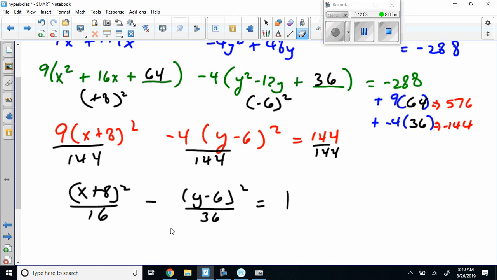All right, we're good? Any questions on this? Everybody seeing things that we've done before? Are you starting to see patterns? Listen, it's the same process. The only thing that changes is the numbers, right?